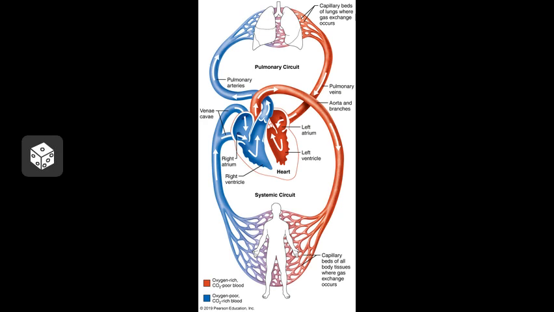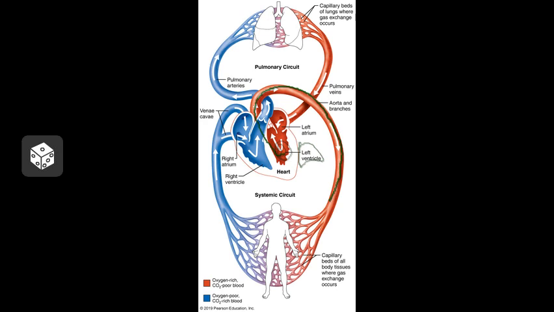Now we will take a look at the circuits through which blood flows as well as blood itself. But in the meantime, you should realize that the systemic circuit starts here with the left ventricle, pumping blood out through the aorta and all of its branches.